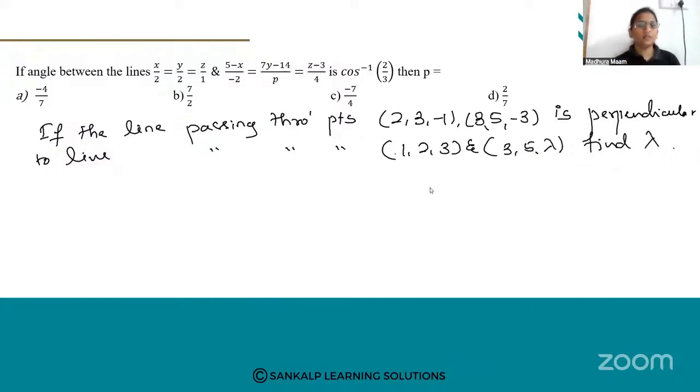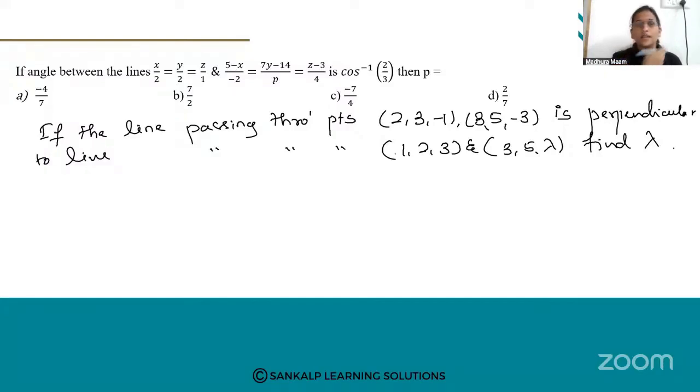If the line joining the points 2, 3, minus 1 and 3, 5, minus 3 is perpendicular to the line joining the points 2, 3 and 3, 5, lambda, then find lambda. Let us just find the answer. The options are minus 3, 2, 5 and 7. We will find the answer.